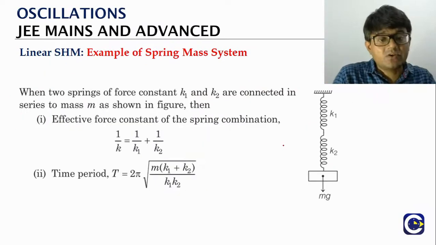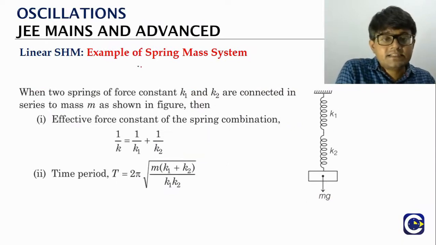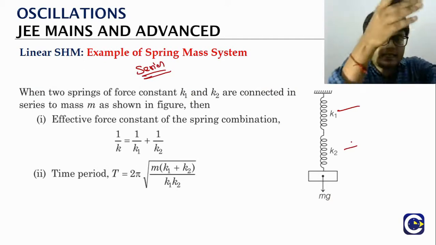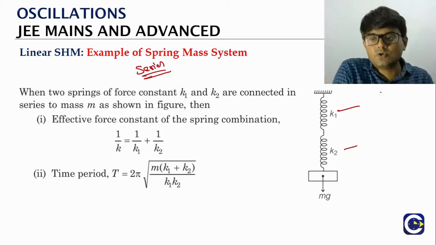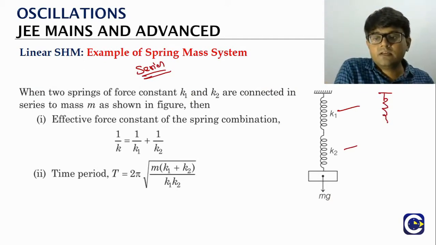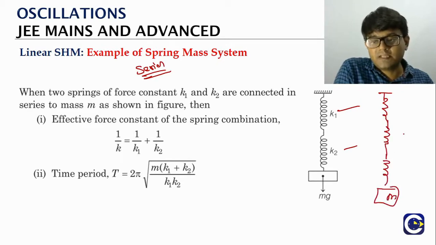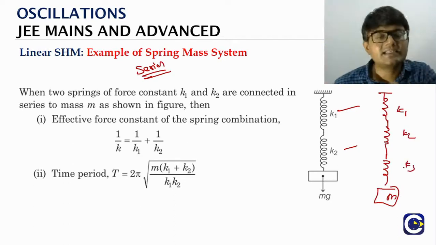Now we'll see the series arrangement, where we have springs connected one to another like that. This is 2 springs. We may have 3 springs, we may have 4 springs, like that we can have any number. This is what is called a series arrangement.